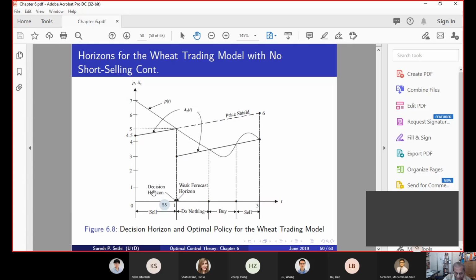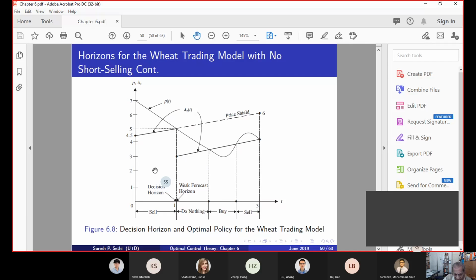What I'm now trying to say is that as long as this price trajectory stays below this price shield, as I call it, and this is the first time in this book, when we wrote the book, this is again original material. We have a price shield, and as long as the price is under the price shield, I will have a solution changing here, but that solution will not change.